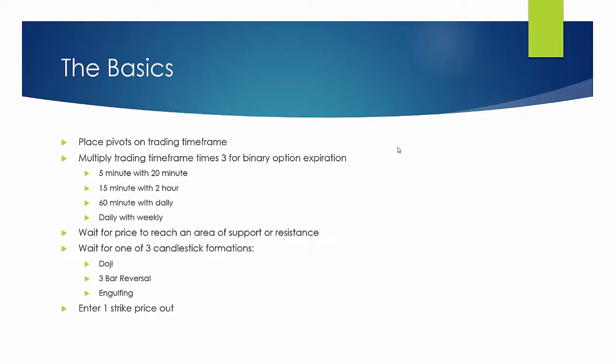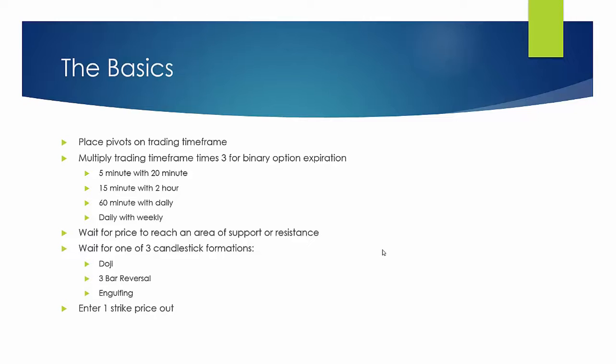If I am looking at a 5-minute chart, I would trade a 20-minute binary option. If I'm looking at a 15-minute bar with the pivots, I would go out to a 2-hour binary option. If I'm looking at a 60-minute chart, I would trade a daily expiration. Or if I'm looking at a daily chart, I would go out to a weekly expiration.